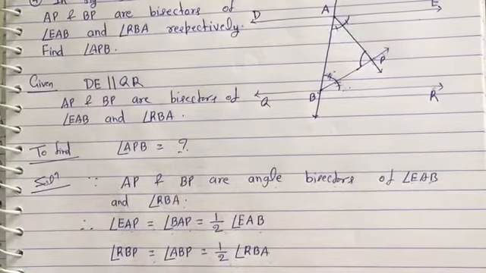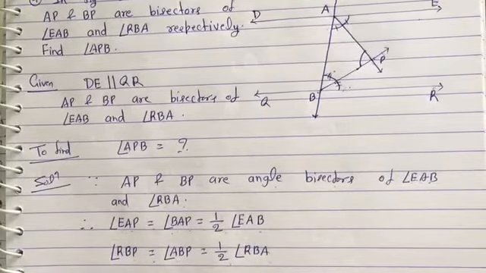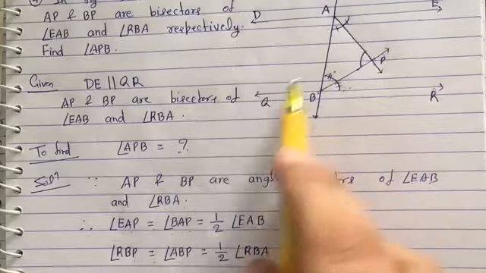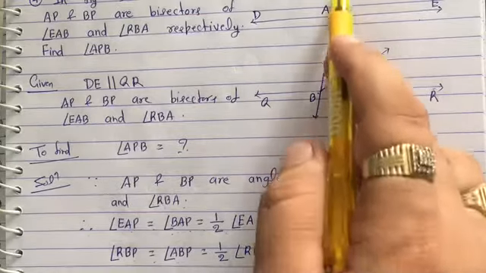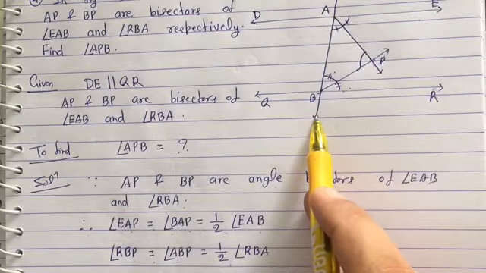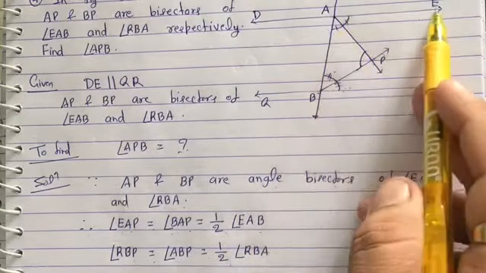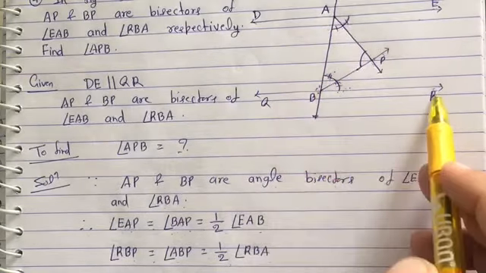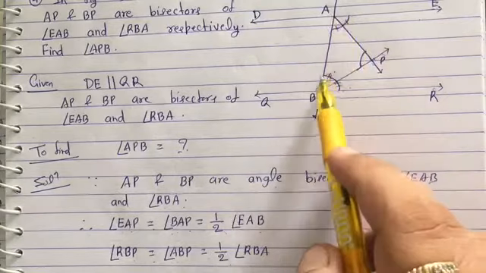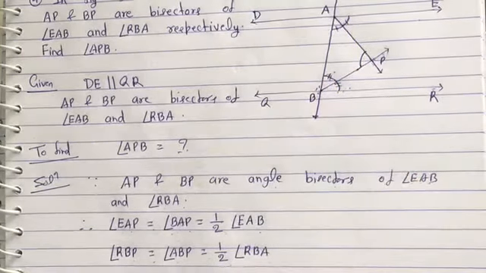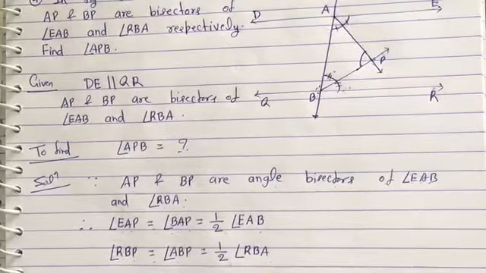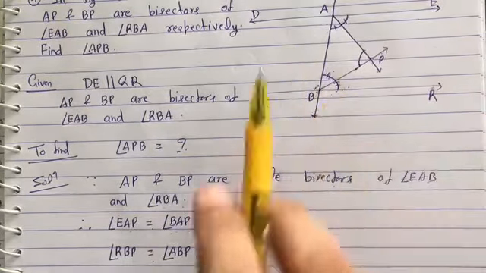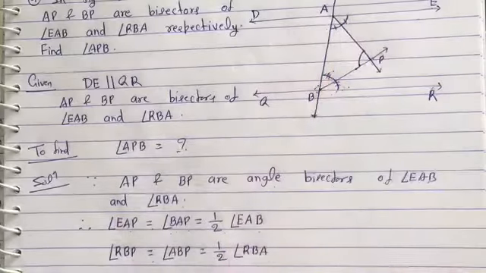Now we are going to use the concept of parallel lines and transversal. These both lines are parallel and this is a transversal. So this angle, angle EAB, and this angle, angle RBA, both angles are interior and on the same side of the transversal.